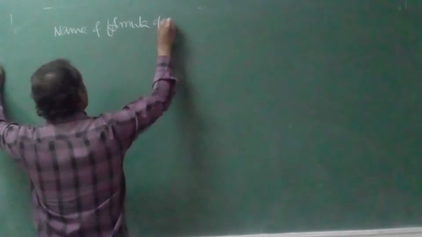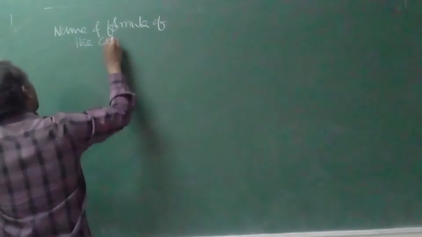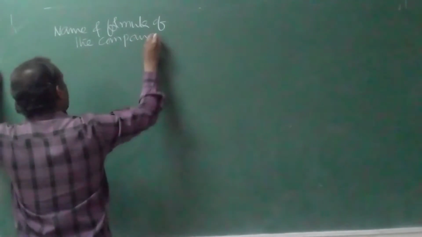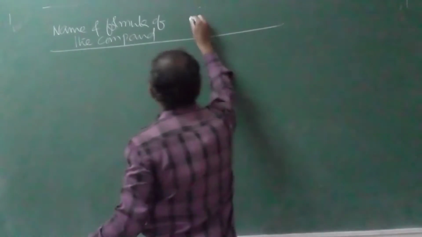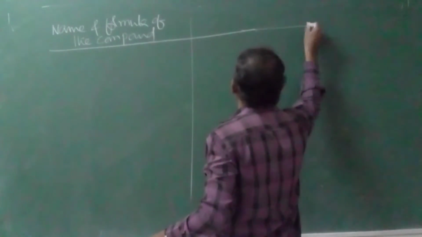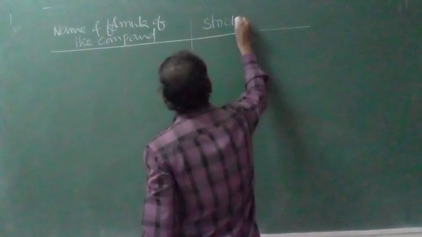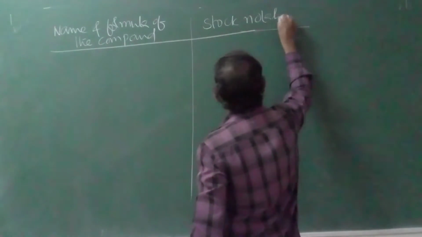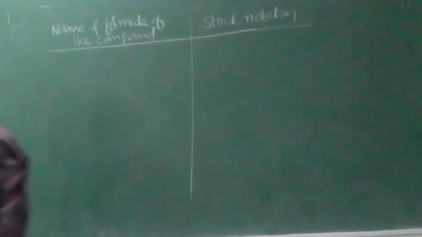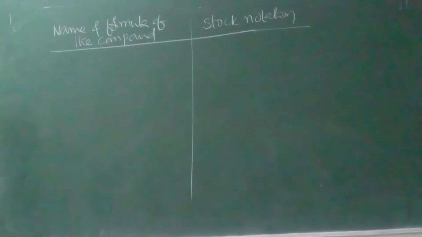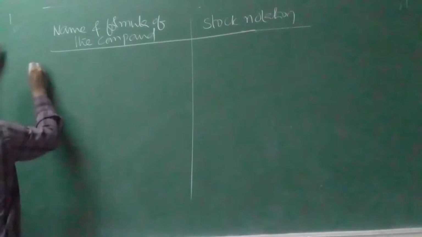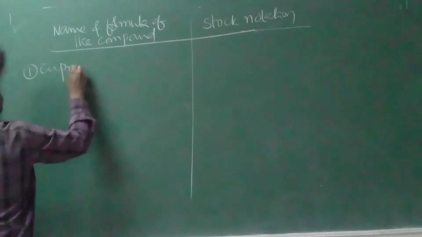Examples here: name, formula of the compound, and Stock notation. First one, cuprous chloride.